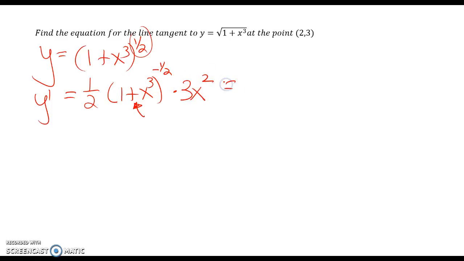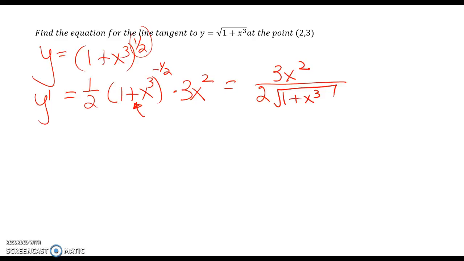Okay, let's rewrite this for a second. So I got 1/2, and I have 3x squared on the top, but on the bottom, I have the square root of 1 plus x cubed.